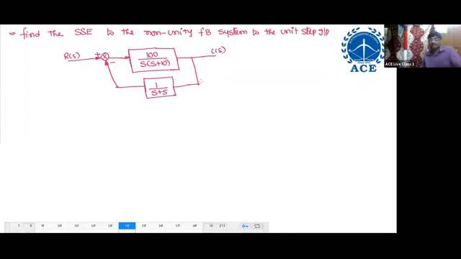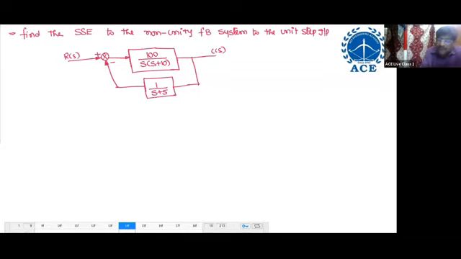Come on, do it. Convert into unity feedback. So what happened?